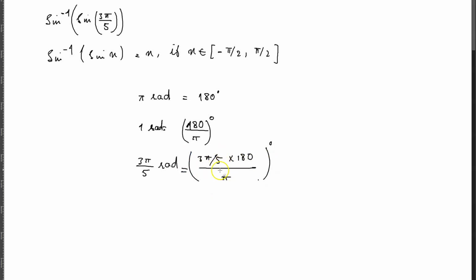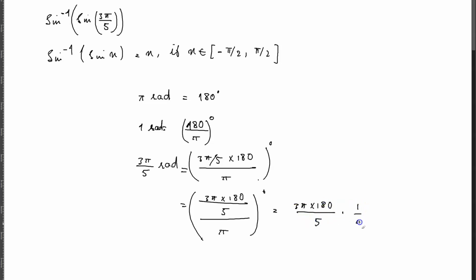So I can write this as 3 pi times 180 divided by 5 times 1 by pi, and then pi and pi you can cancel out. You have 3 times 180 divided by 5.